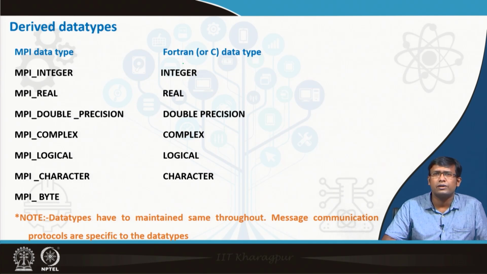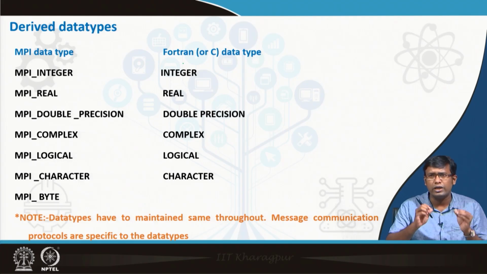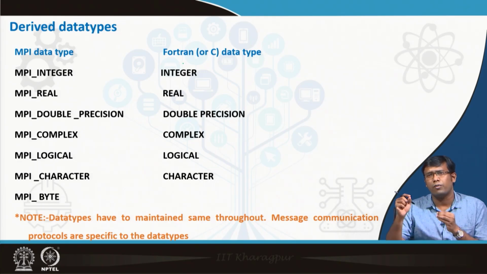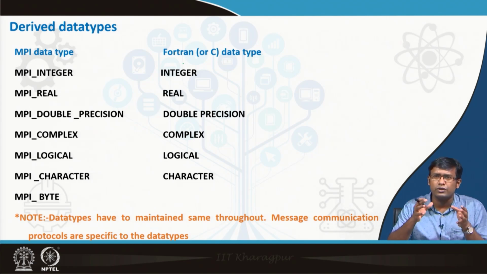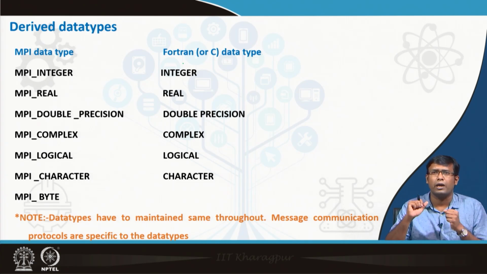When data transfer takes place, we need to look into the matching data type. While doing data transfer, we will not say that integer data will be transferred, we will say that the MPI derived form of integer, which is MPI integer, will be transferred. Why? Because this is not a simple data type addressed by the OS of the computer and the compiler. This data is a packet of information which is being transferred through MPI protocols.